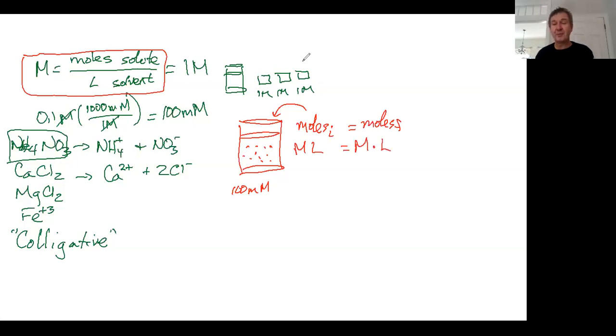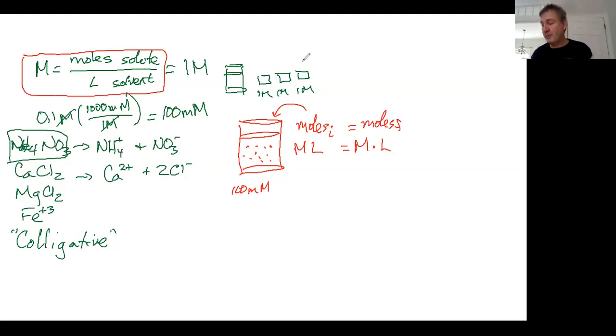In other words, if you have a certain amount of liquid at a certain concentration, if the volume goes up, the concentration goes down. It's kind of intuitive. And in fact, it's not just relatively true, it's absolutely true. It's an equation you can use.